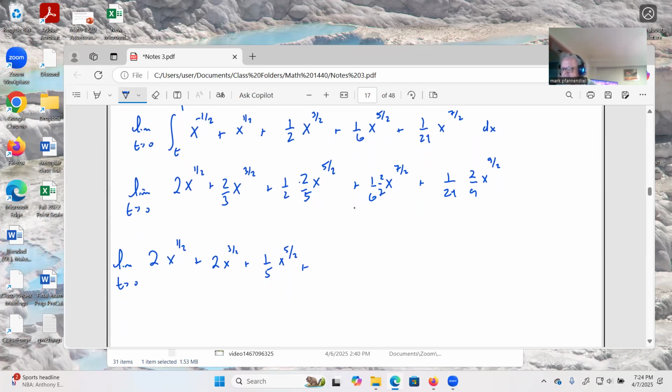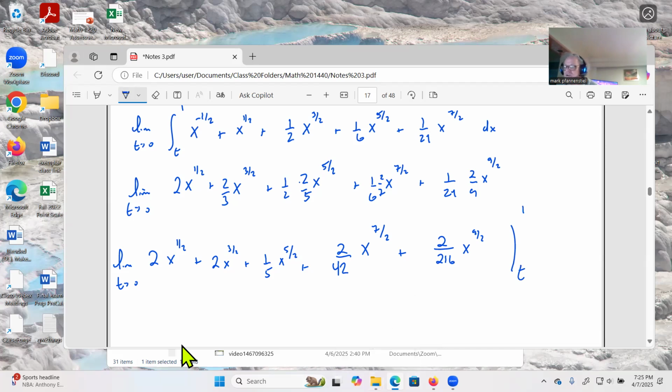So let's say this is 2 over 42, 6 times 7, x to the 7 halves, and then plus 2 over whatever 9 times 24 is. I think I did that one over here, and that was 216. x to the 9 halves. And we are going from t to 1.